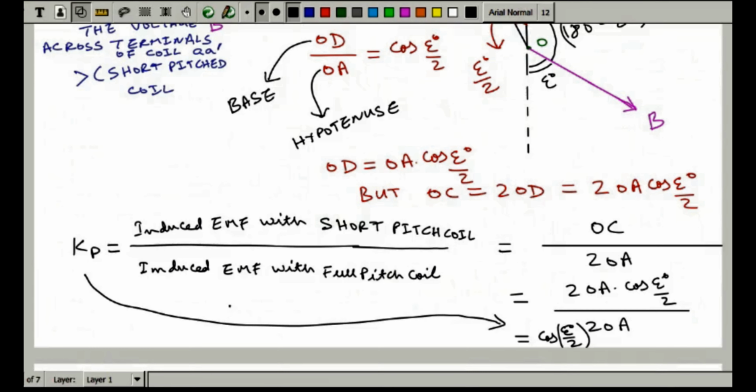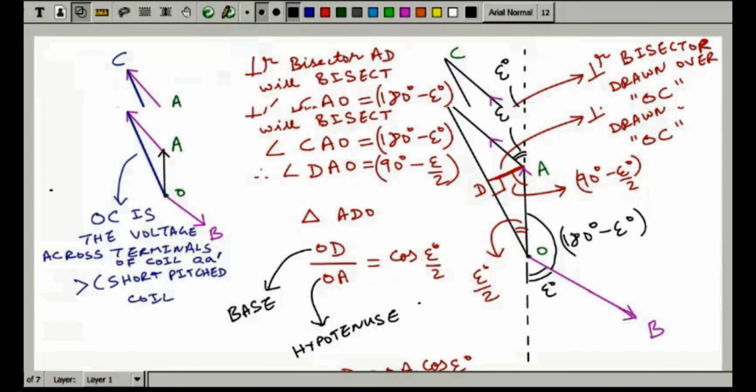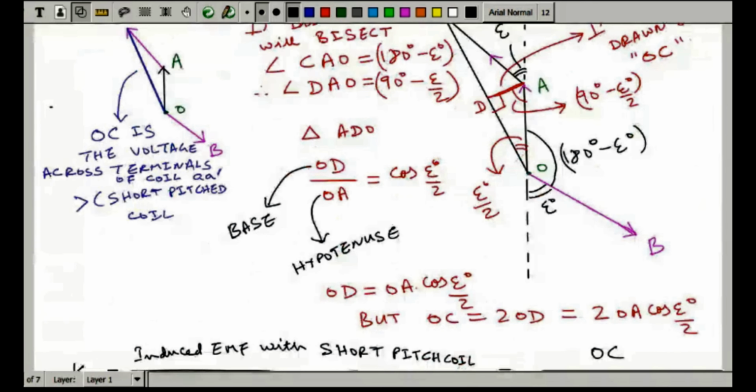With the help of this, we can say that the factor by which induced EMF is reduced is given by cos epsilon by 2. Let me stop it over here for today.